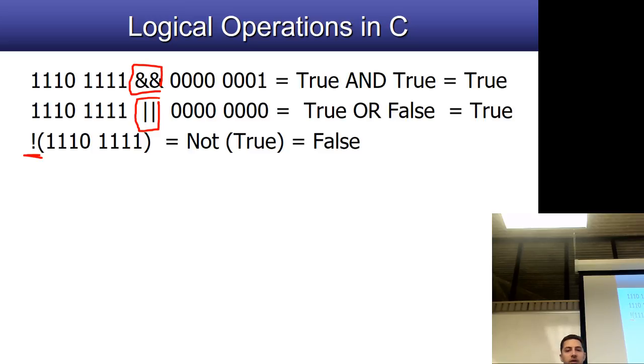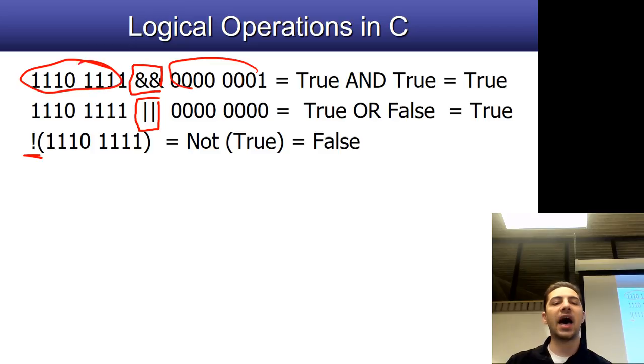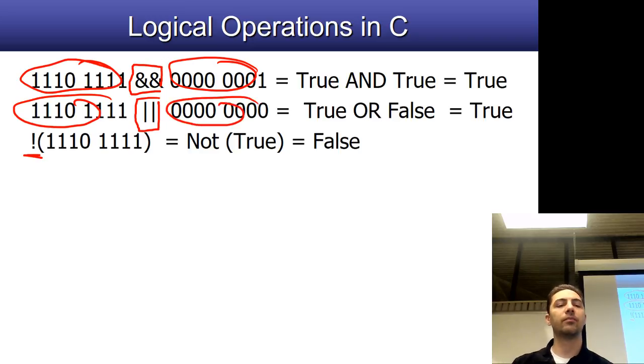Anything that is not 0 is true. And then it applies that. So you see here, this whole item is considered true. That whole item is considered true. So true and true is true. This is considered true. This is considered false. So true or false is true. This is considered true, so not true is false. That's not what we're doing.